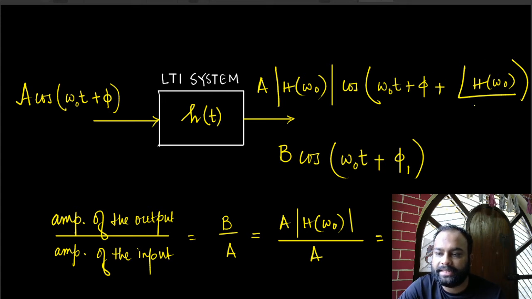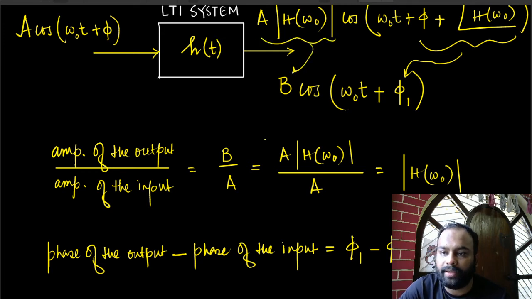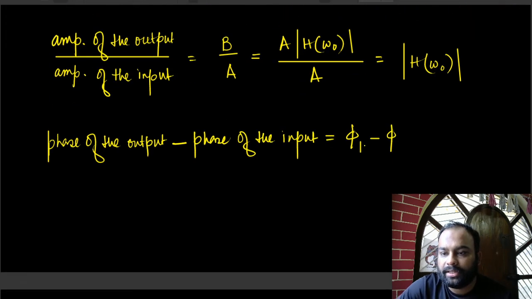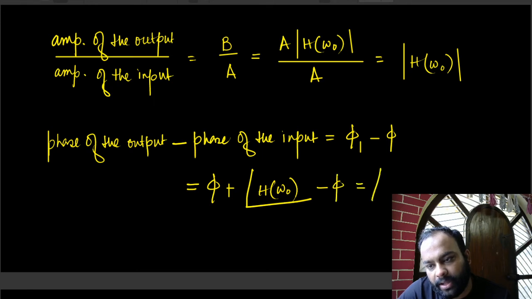I'm writing this entire thing as phi 1, and this entire thing is going to be P. So with that said, this is going to be phi plus angle of h omega naught minus phi. That's going to be angle h omega naught.